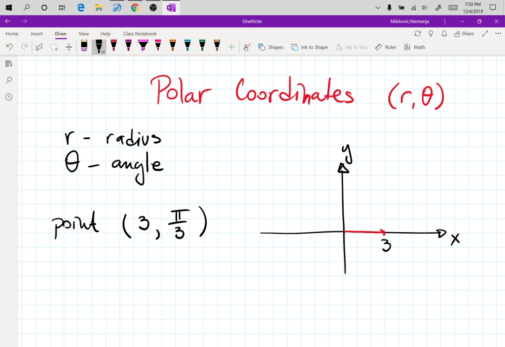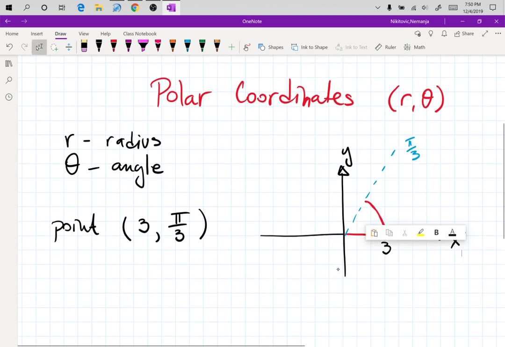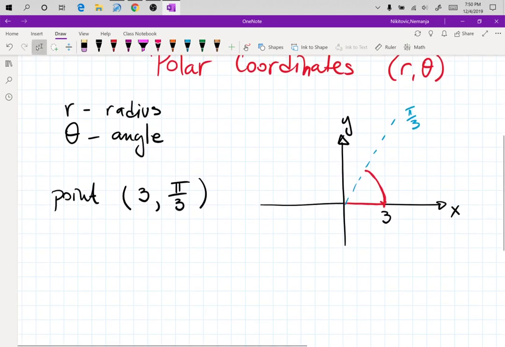And then I find where my angle pi over 3 is, which is 60 degrees. And then I'm going to take this 3 and just swing that one to make 3 units on this blue line.